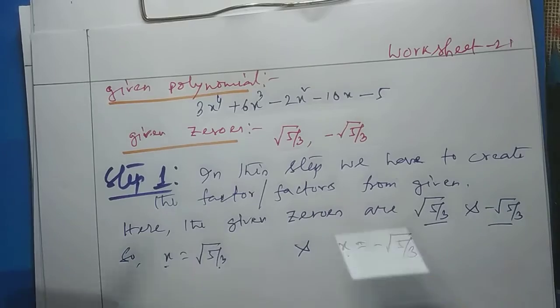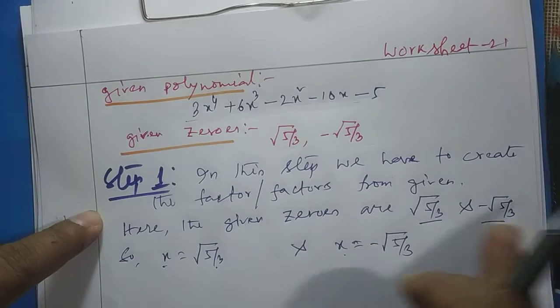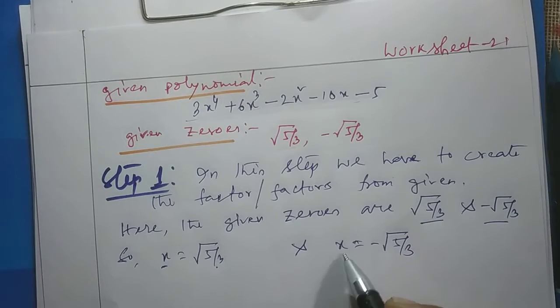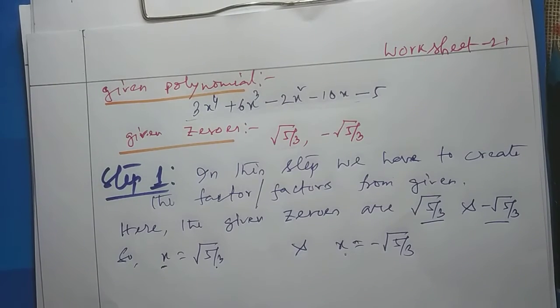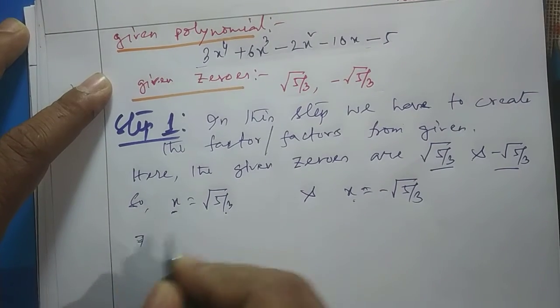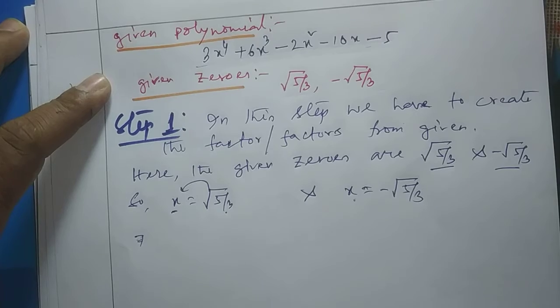Now the question may arise, why are we writing in this way? Because it is a polynomial over x and they are the zeros. So obviously x will be equal to this one and x will be equal to minus root over 5 by 3, meaning the second zero. Now let us bring this root over 5 by 3 to the left hand side.